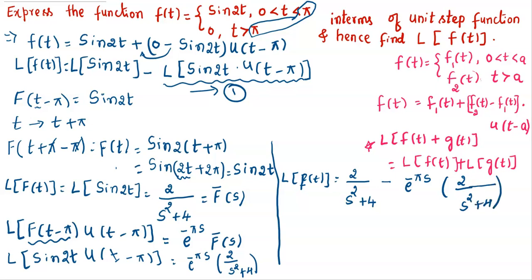In this, the common term of the first and second terms is 2 divided by s square plus 4, times 1 minus e to the power of minus pi s. In the first term, after taking out 2 by s square plus 4, what remains is 1, and in the second term, we have e to the power of minus pi s. So this is the Laplace transform of the given function.